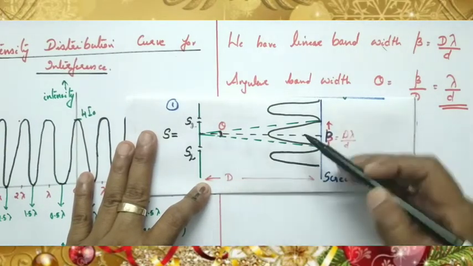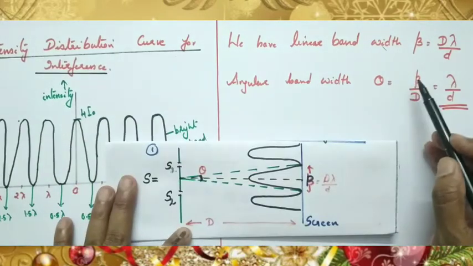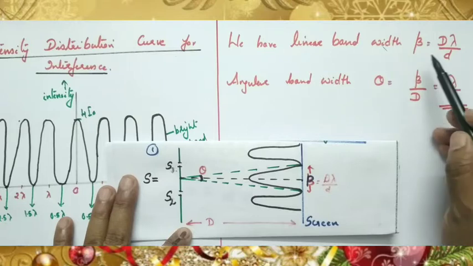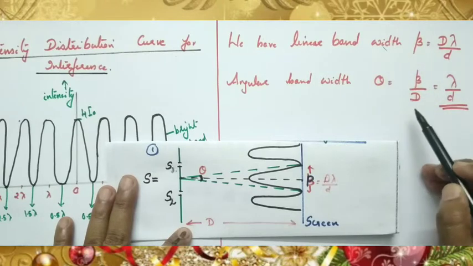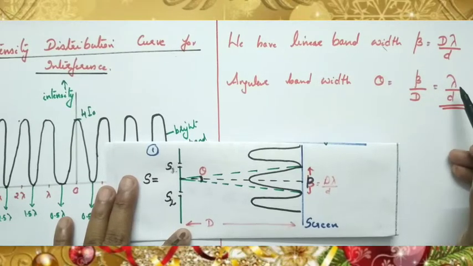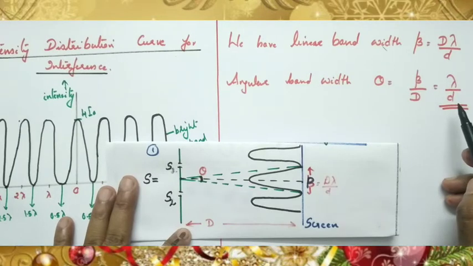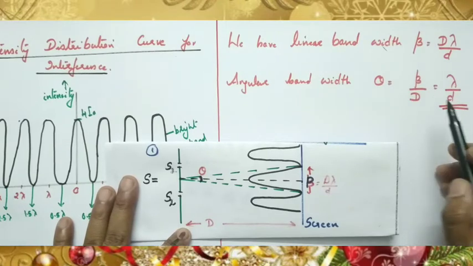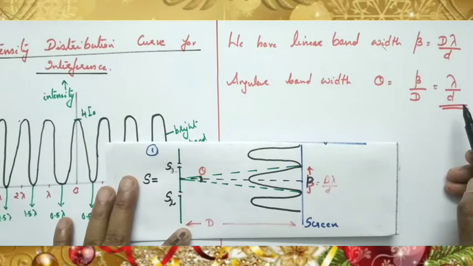Beta is d lambda by D, the whole divided by capital D. So angular bandwidth is given by the formula lambda divided by d. Children, learn by heart the formula for angular bandwidth, which is lambda by d.